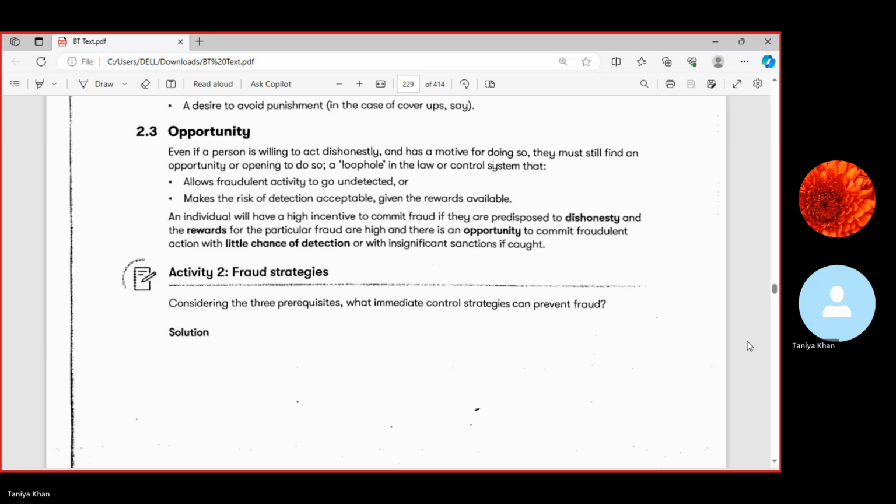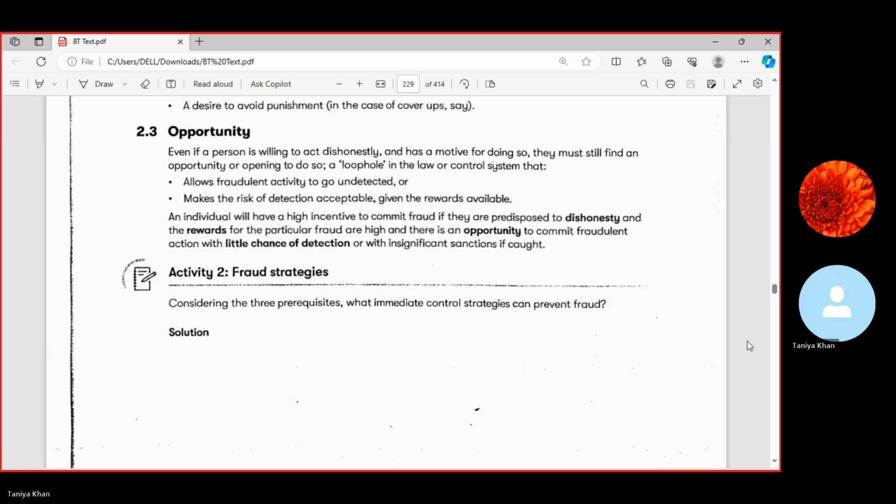An opportunity will be found only when we know about a particular thing in minute detail. When we know certain things in detail, we can find the loopholes very easily. And loopholes mean we will be able to commit fraud, and someone else will not be able to detect it. So that remains undetected. Second, it makes the risk of detection acceptable.